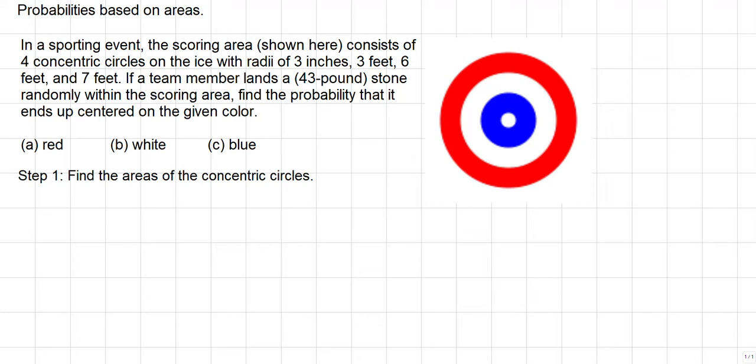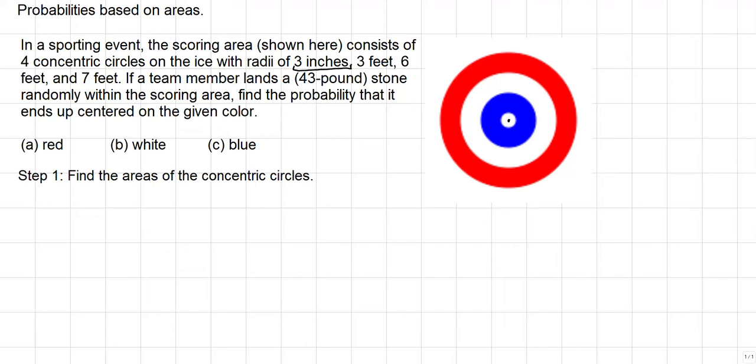Okay, to find the areas of each of the concentric circles, we're going to start from the inside and work our way out. And remember, we're going to have a center point in the circle, and that's what we're going to use to determine what the area of each of the concentric circles is. For example, our first concentric circle has a radius of 3 inches.